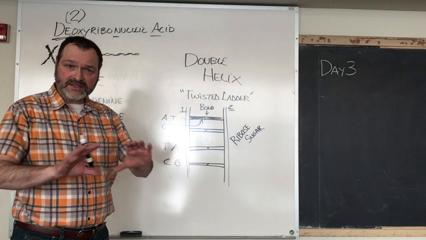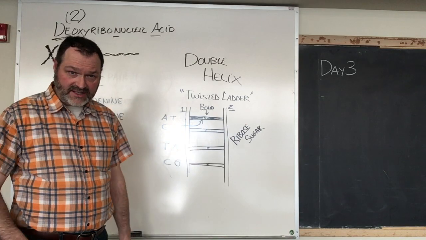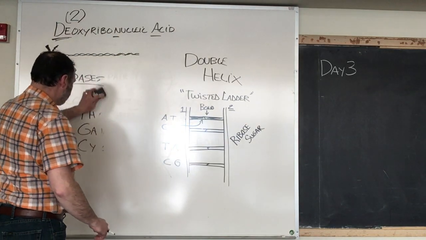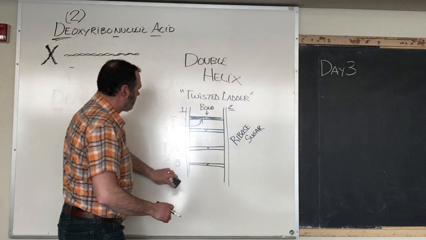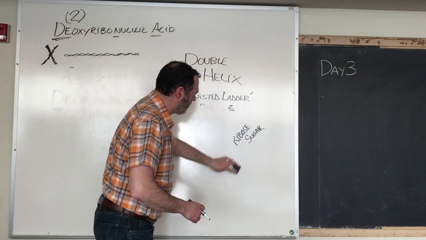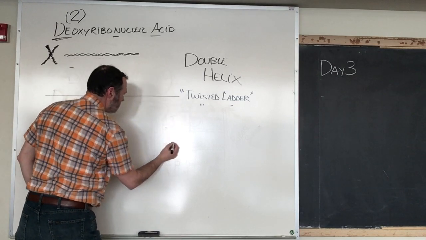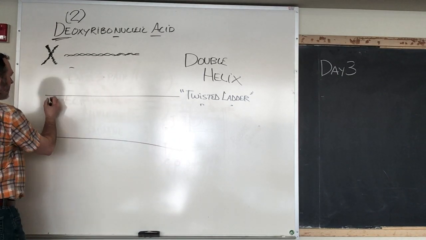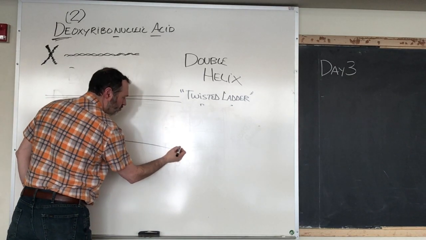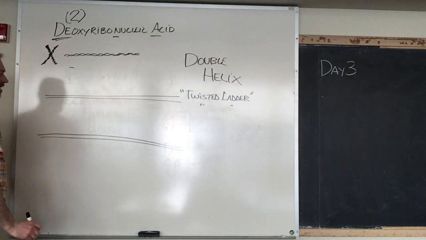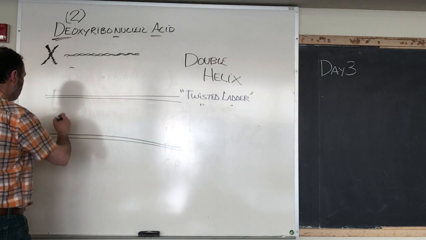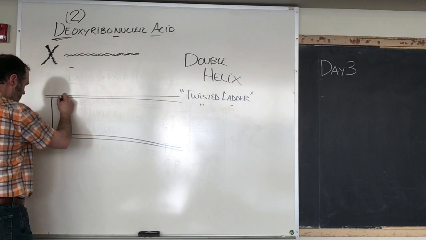Let me flip this DNA on its side now for a minute. Okay, so here's the same double helix flipped on its side. Here's our ribose sugar rails, and here's the rungs.